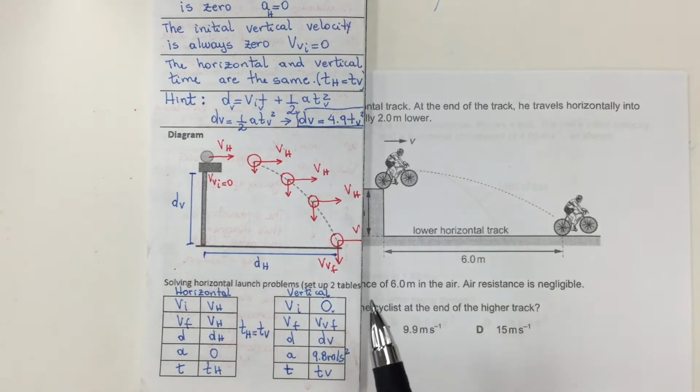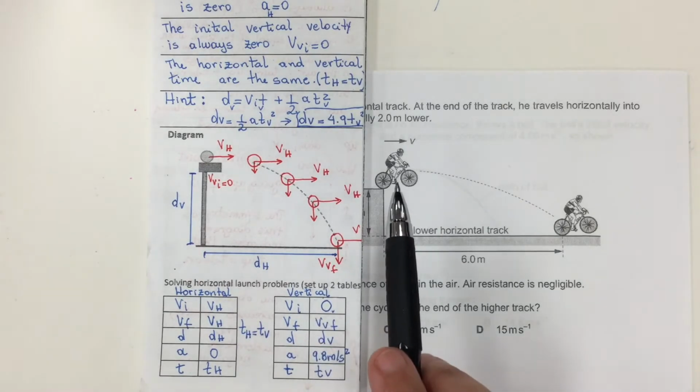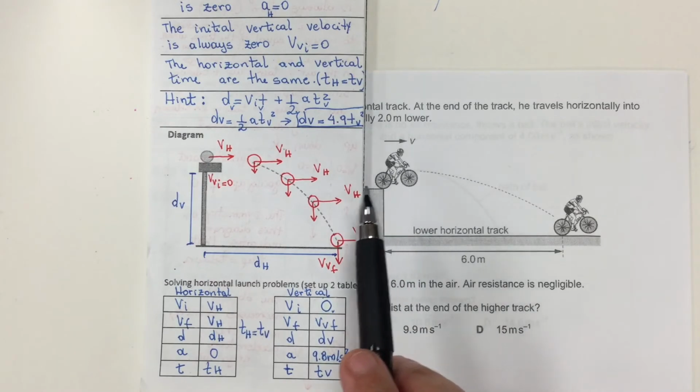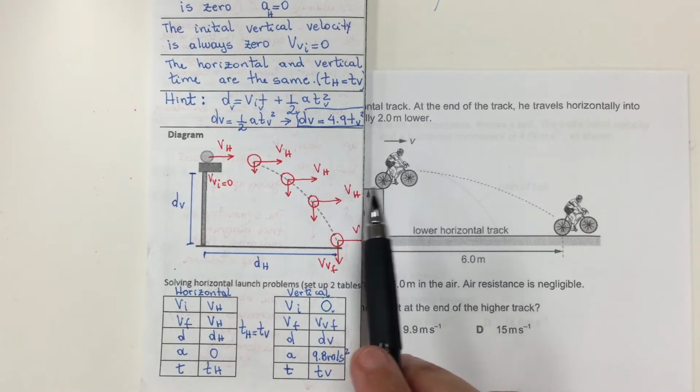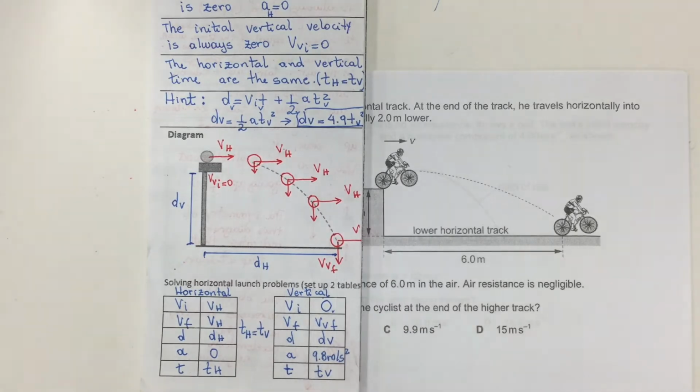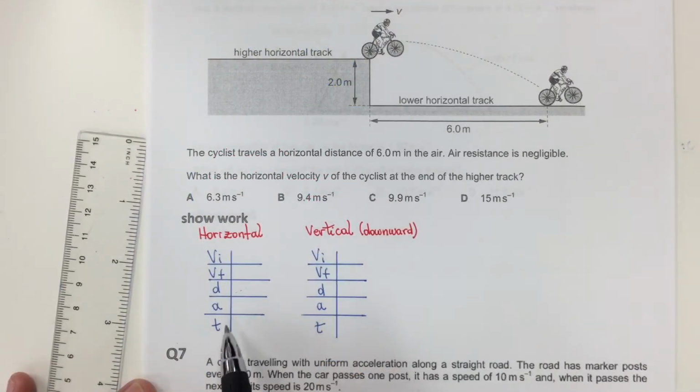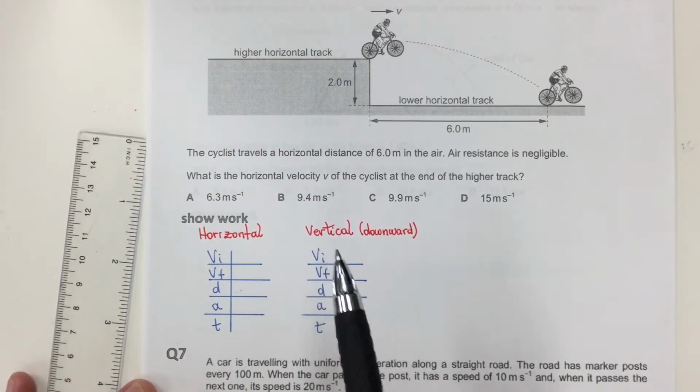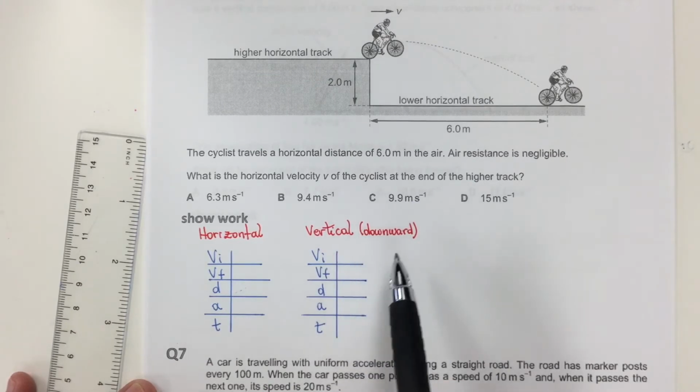In this case, I'm going to use two tables, one for the horizontal direction and the other one for the vertical direction. This way, I can calculate the velocity of the cyclist once he left the highest track. Here is a table for the horizontal, and here is a table for vertical downward.